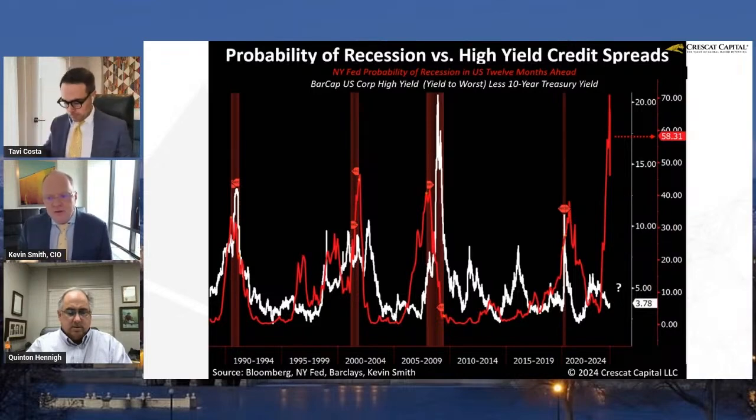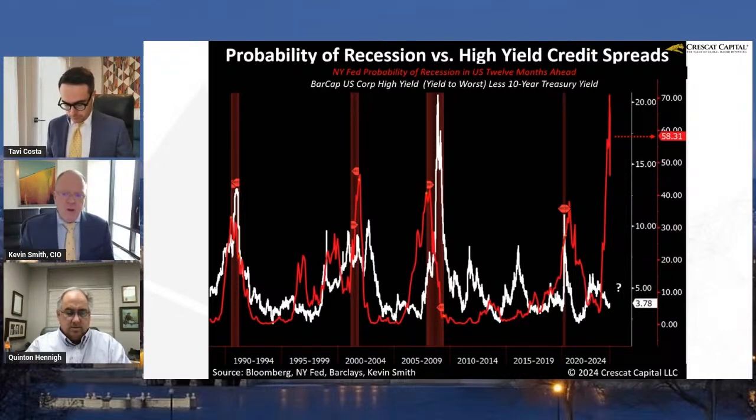But they're both signaling a high probability of a recession, and it's been signaling this for a long time. This is the probability of a recession 12 months ahead, keep in mind, and it's at 58%, the highest it's really been in the history of this model since just a few months ago.